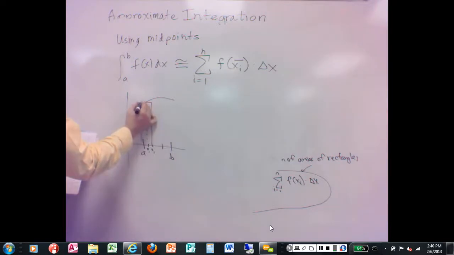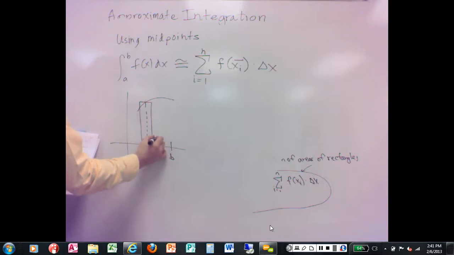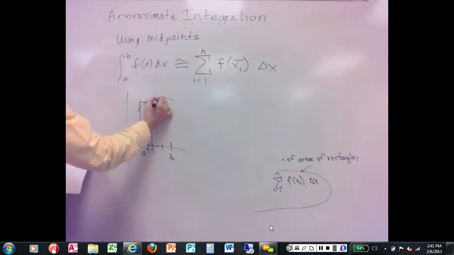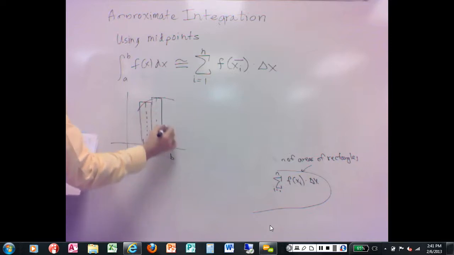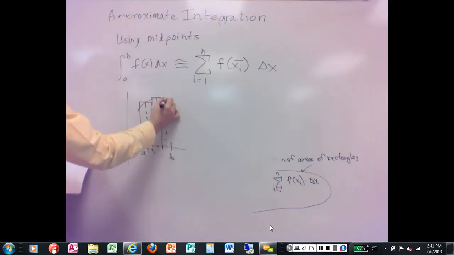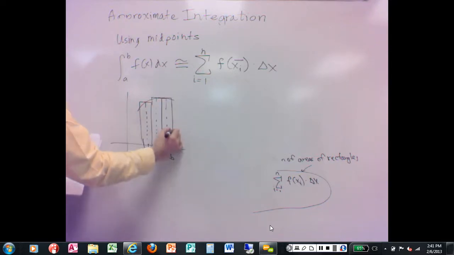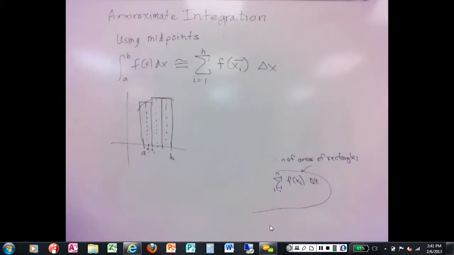Some of it's outside the area, but some of it's inside, so if I use midpoints, you've got the give and take, and it kind of balances out. Not exactly, but you know what I mean. So the midpoint usually turned out to be more accurate.